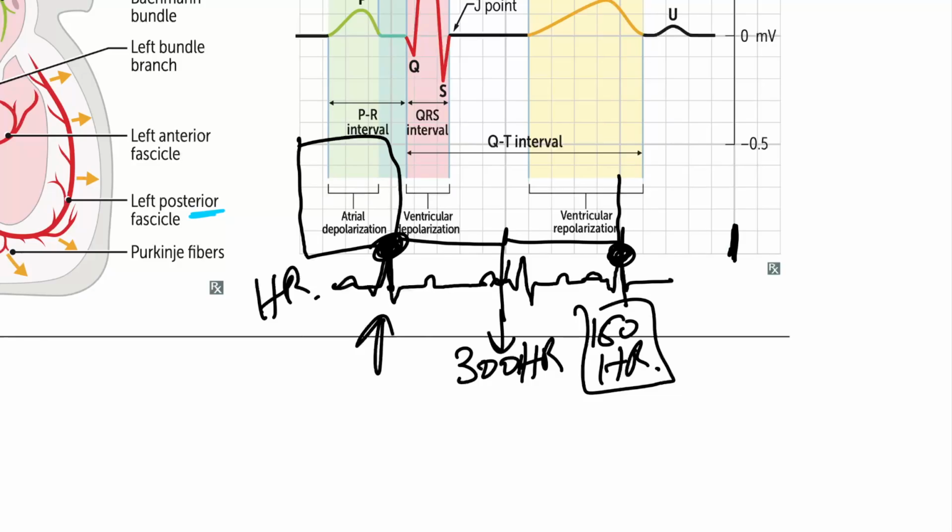So if it doesn't fall on 150, then you look at the next big box line. That will give you a heart rate of 100. After that you have another one which would give you 75. After 75 you're looking at another big box line that would give you 60, and then another one which will give you 50.